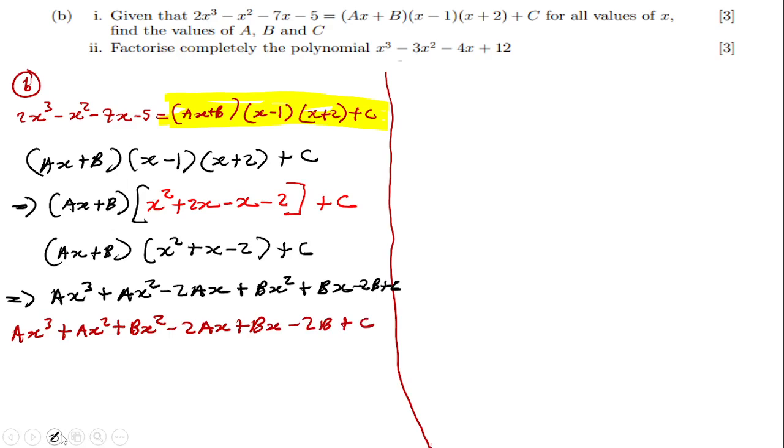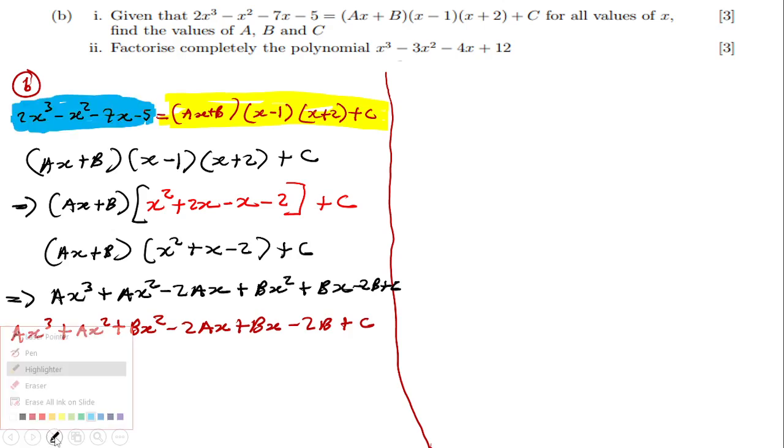Since that equation, the one I'm going to highlight in blue, we have been given that. So I'm going to compare what I have found for yellow with what I've highlighted in blue.